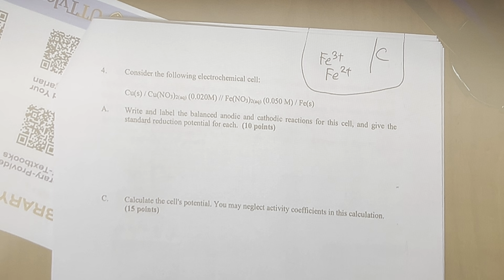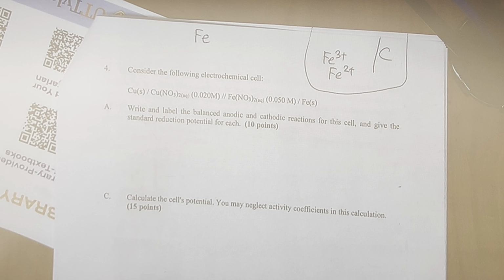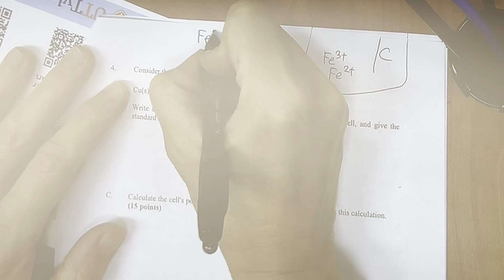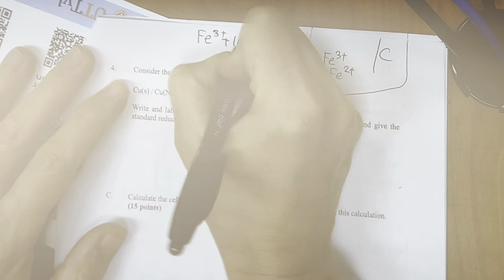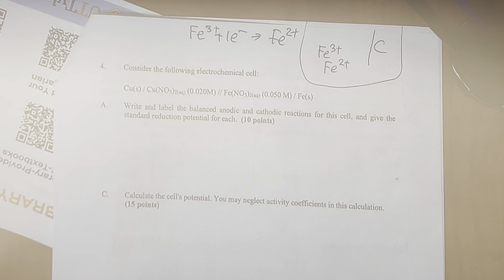It brings electrons for reduction. That's it. And what I would write, it's a different case, is iron 3+ would be reduced to iron 2+. And carbon is just a piece of something that will bring those electrons in.